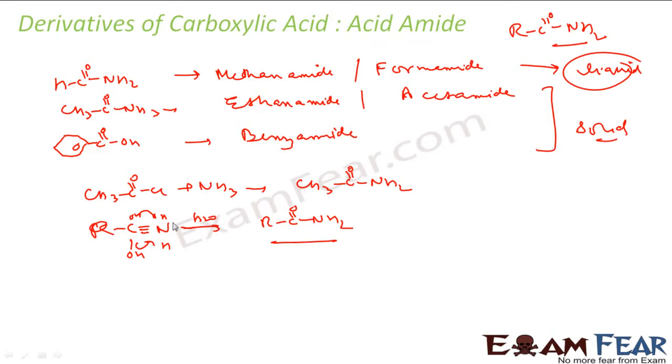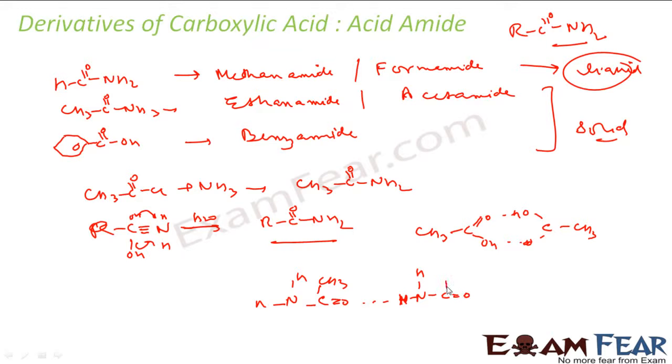Why? This is a little tricky. If you see the acids, they form dimers, right? They just form a lump like this. But if you see the amides, they form a bigger network, something like CH3NH2 like this.